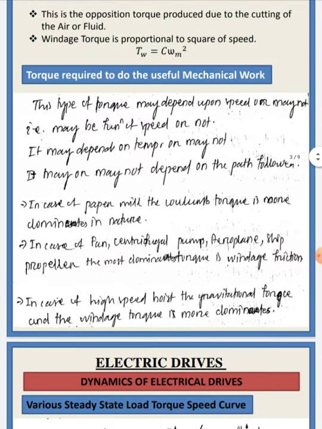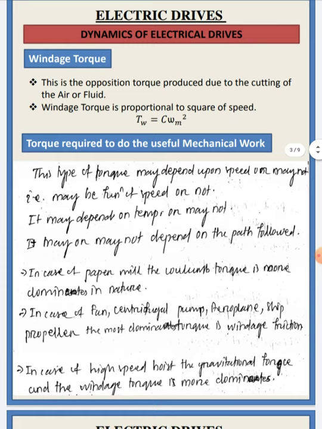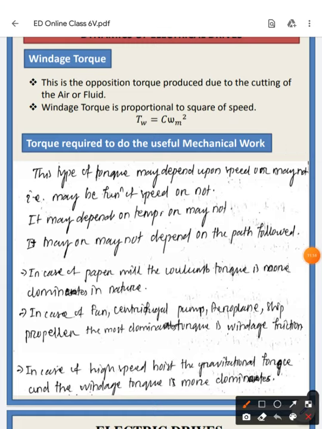In this slide, what we are seeing here is that this type of torque may depend upon the speed or may not. That means it may be a function of the speed, or it may not be a function of the speed.